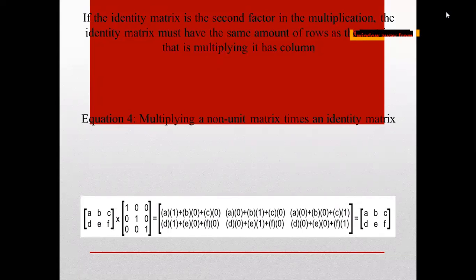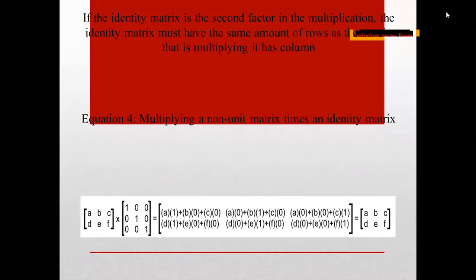The first matrix has 3 columns and you can see the identity matrix has 3 rows. So this is compatible. Here again, each element of each row of the first matrix is multiplied by each element of each column of the second matrix.